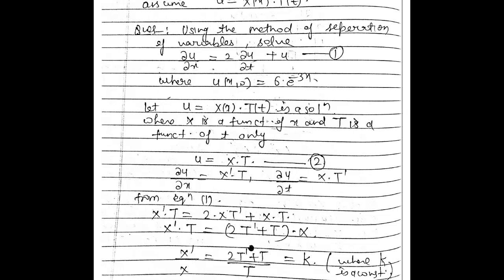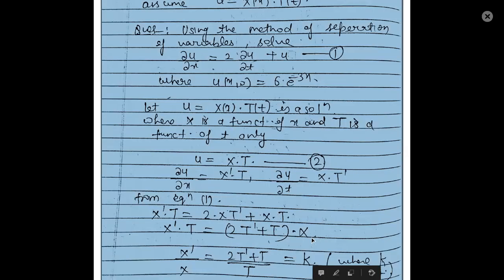So X dash upon X is equal to (2T dash plus T) upon T is equal to k here, right? So this is your separation. We separate these variables, so it is called separation of variables, right? Now we take these two separate terms equal to a constant k, where k is a constant.